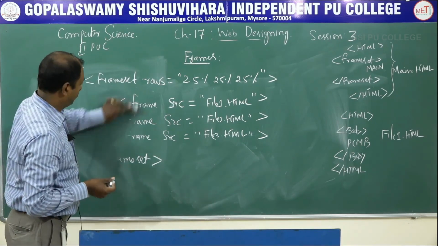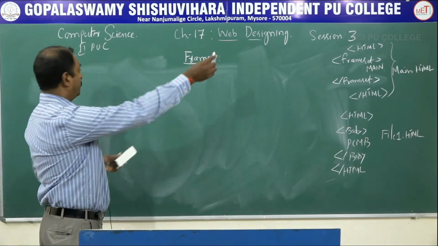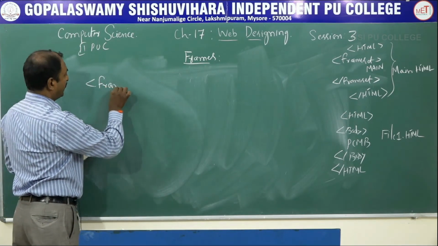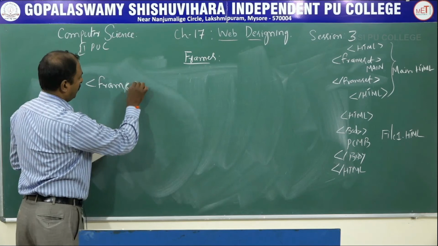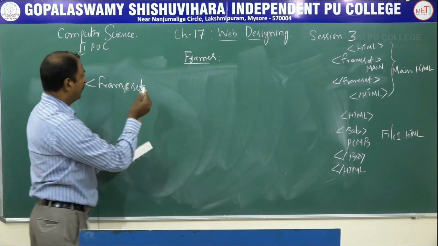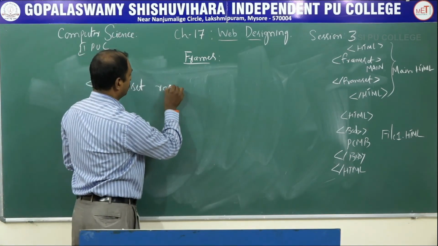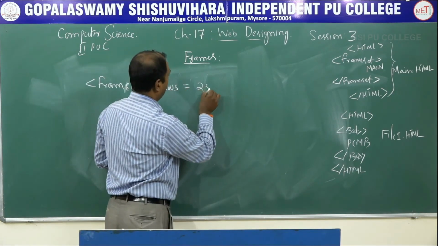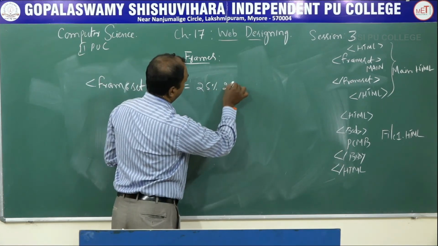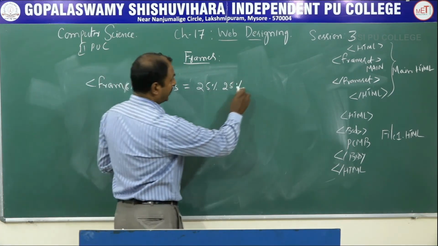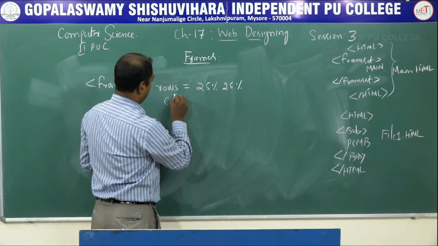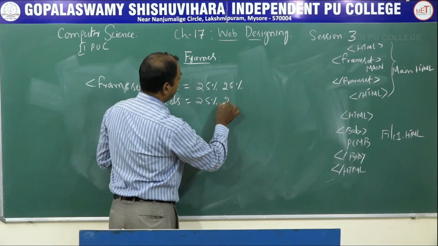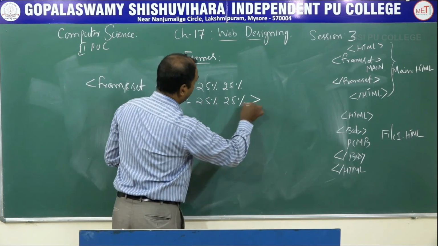For example, another method of using this will be, I say frameset rows equals 25%, and continuation of this, columns equals 25% and 25%, closing this.